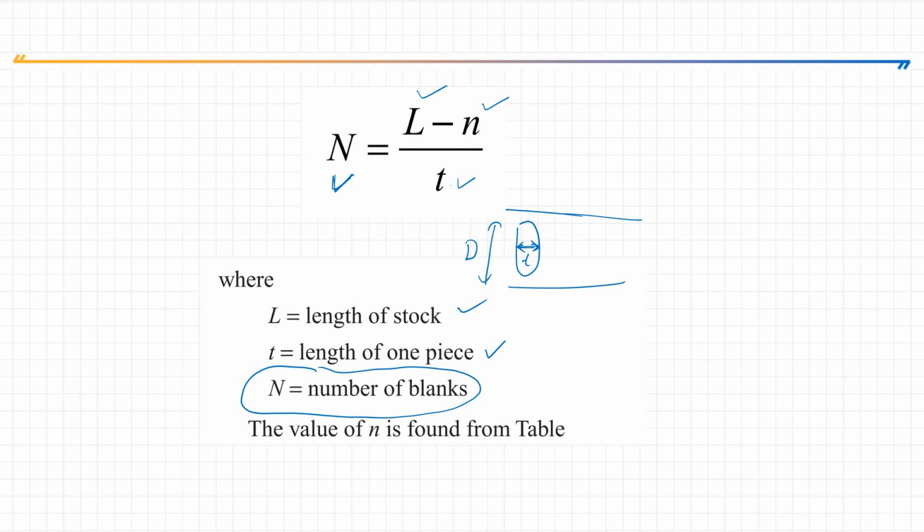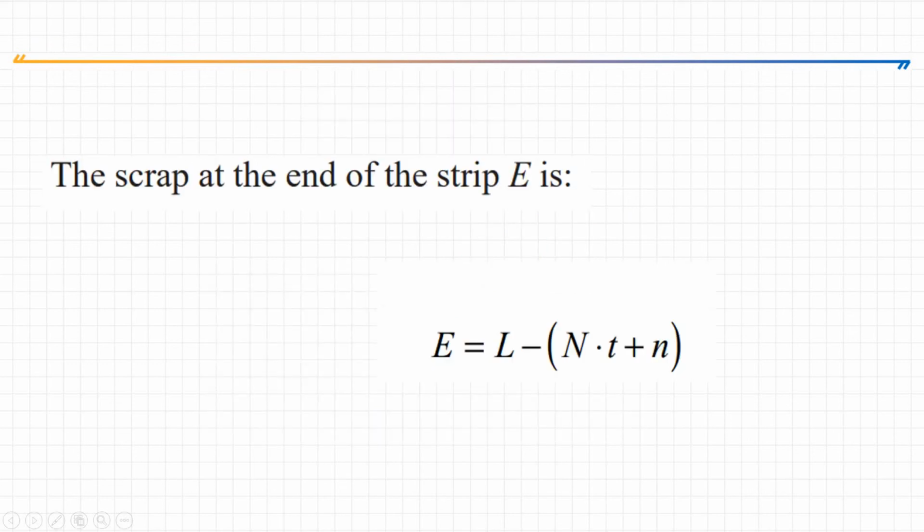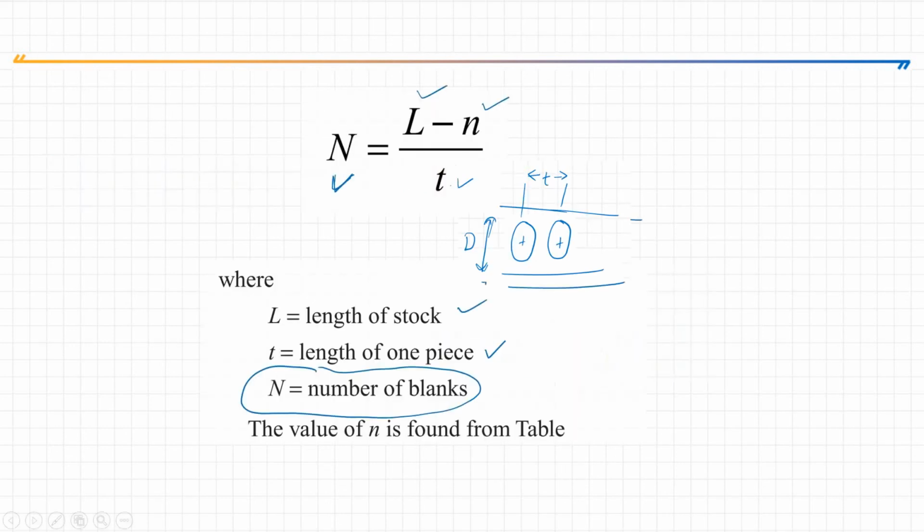Once you have calculated the number of blanks, then using the value of N you can calculate the scrap at the end of the strip, that is E, and that is equal to L minus capital N into small t plus n. So again the value of L is the stock length, minus capital N, the number of blanks that we calculated here.